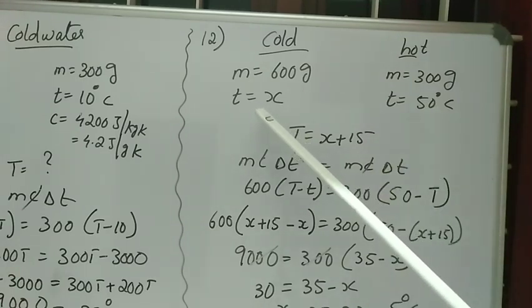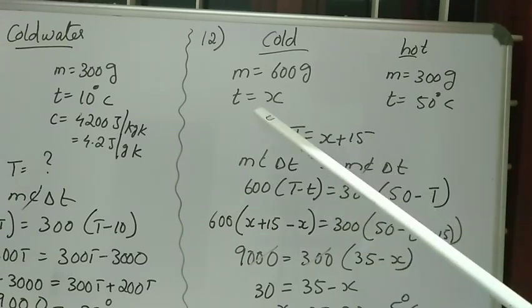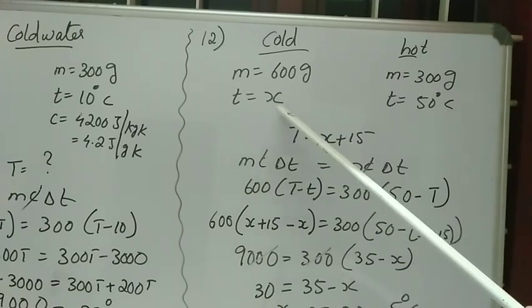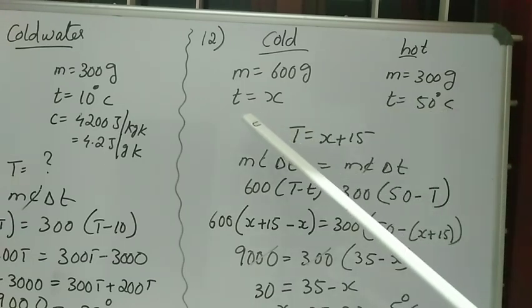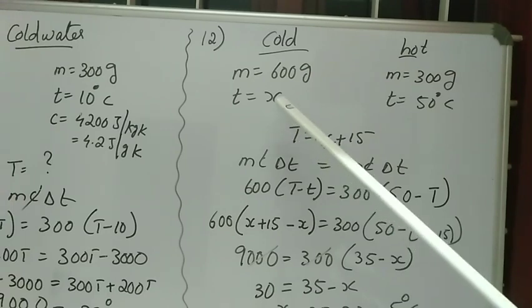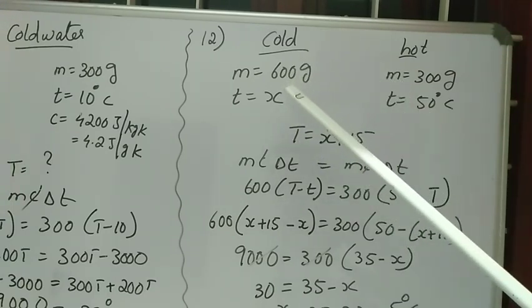So initial temperature of cold water is not given. Final temperature is given in a different pattern. That is, the initial temperature gets increased by 15 degree when it is mixed with hot water. So we have to take the initial temperature of cold water as X. Now as given in the textbook, the temperature of cold water rises by 15 degree.